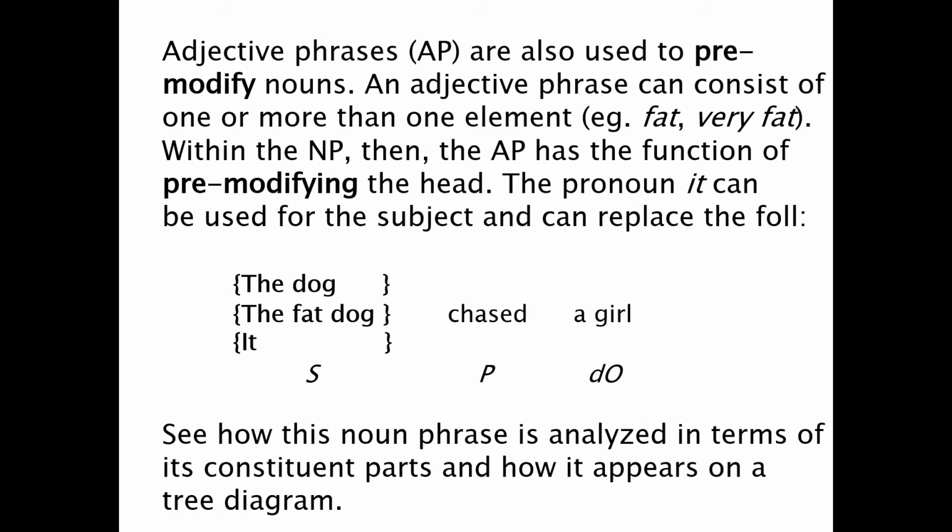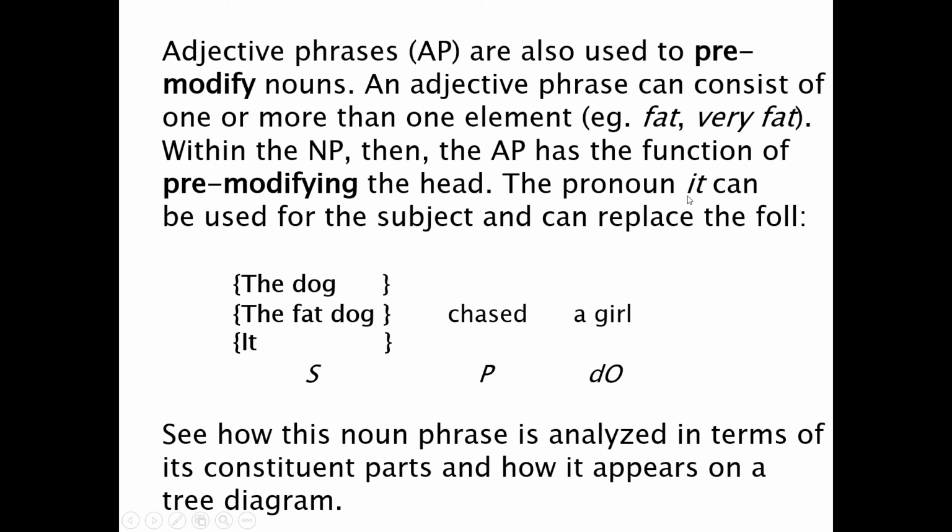If I say a man, a fat man, a very fat man, an extremely strong man, as you see, the adjective and the adverb of degree usually come before the noun, that is the head. So the adjective phrase has the function of pre-modifying the head.